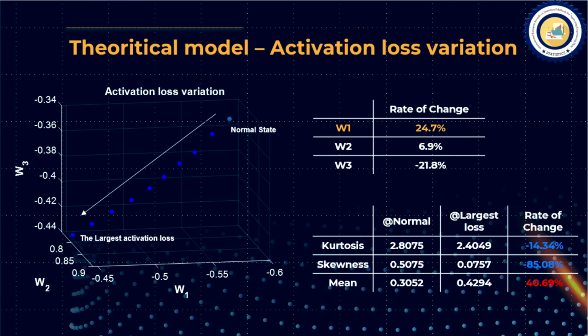As expected, it was confirmed that W1 assigned to the activation loss showed the largest change, and at this time, changes in kurtosis, skewness, and mean were confirmed as shown in the table presented.